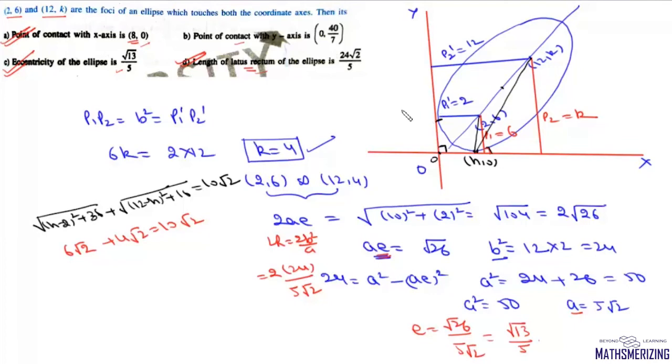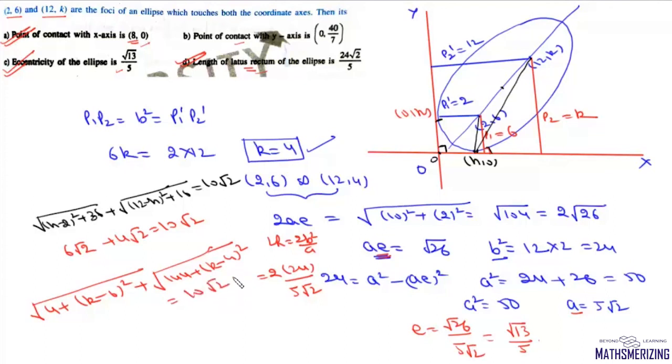So let the point on the y-axis be (0, k). It will be the square root of 4 plus (k minus 6) square, plus the square root of 144 plus (k minus 4) whole square, and it must be equal to 2a, which is 10 root 2. Now we'll put k as 40 by 7.